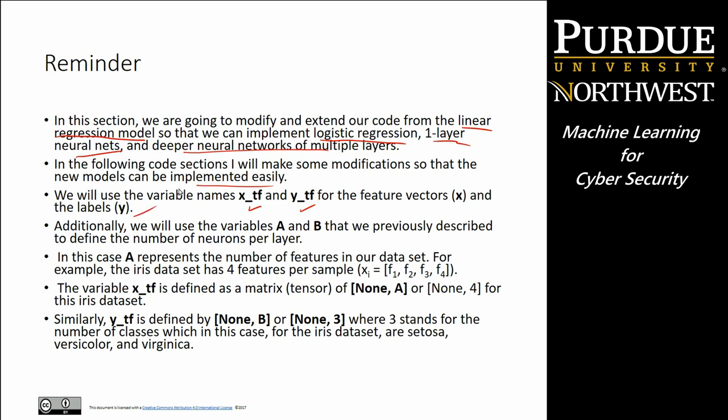Additionally, we will use A and B. If A and B don't make sense to you, you can change that to say features and columns, for instance, if that's clearer. But the idea is that, because we know we can calculate dimensions on any tensor, whenever you read your data, you can just automatically calculate A and B.